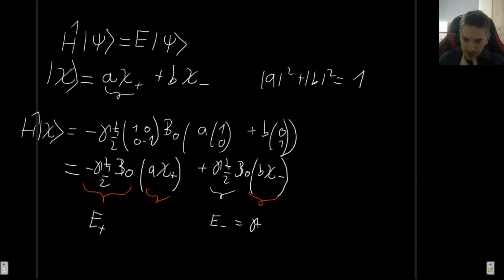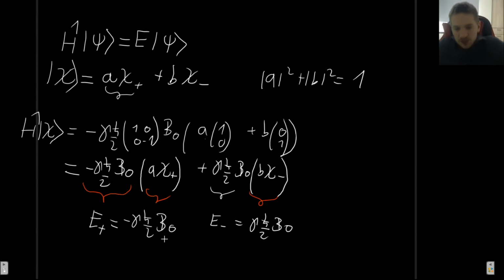So the energy for the down state is going to be gamma h bar over 2 B0, and the energy for the up state is going to be minus gamma h bar over 2 B0. So those are the values for the energy. Of course, if there's no magnetic field, then there's not going to be any energy. That makes sense, of course.